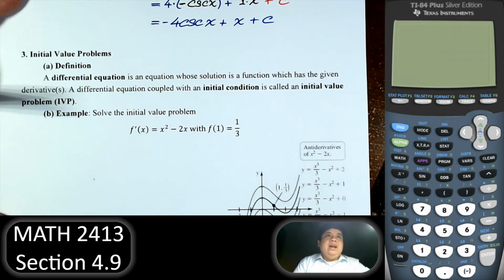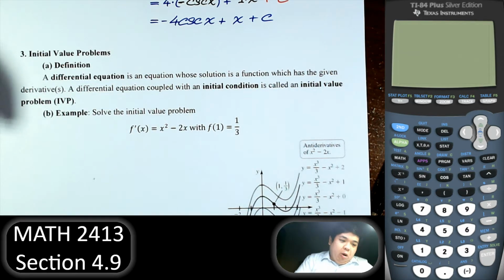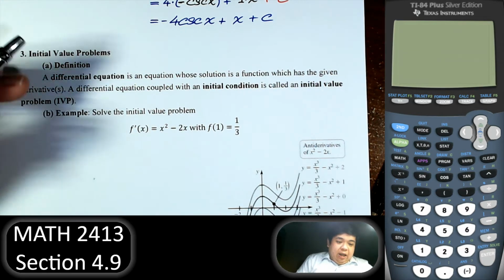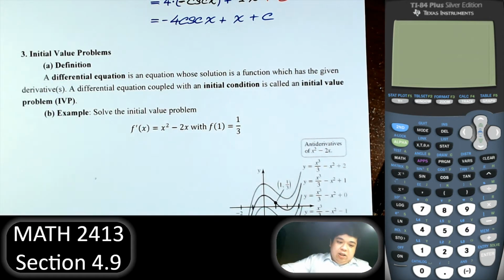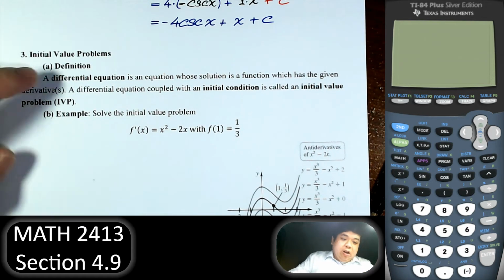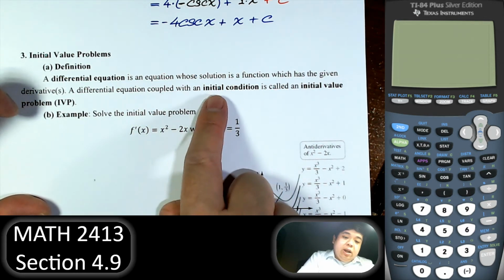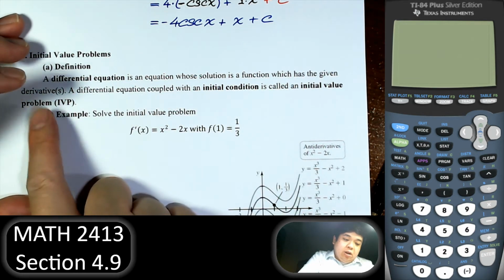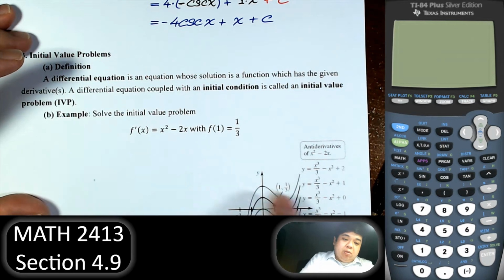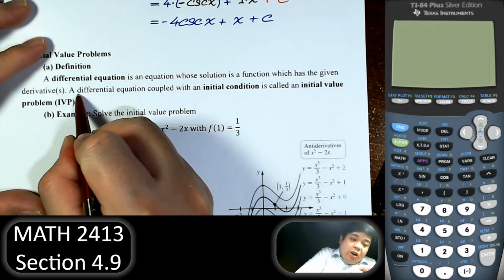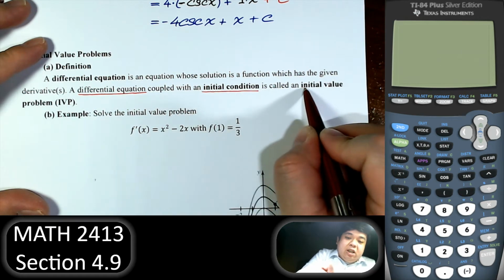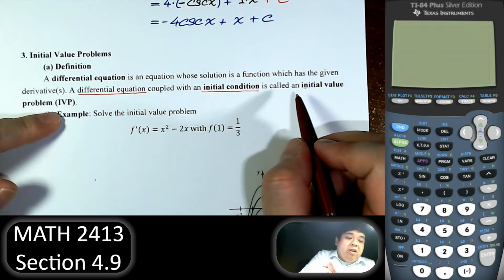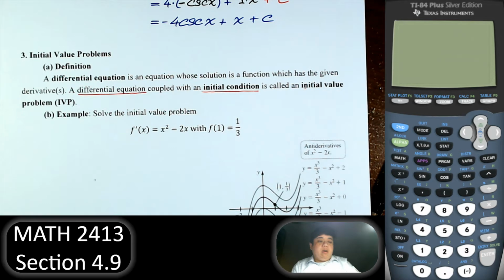Right. Now, initial value problem. An initial value problem is a differential equation. A differential equation with an initial condition is called an initial value problem. So we have two things, a differential equation and an initial condition together give us an initial value problem, abbreviated IVP.